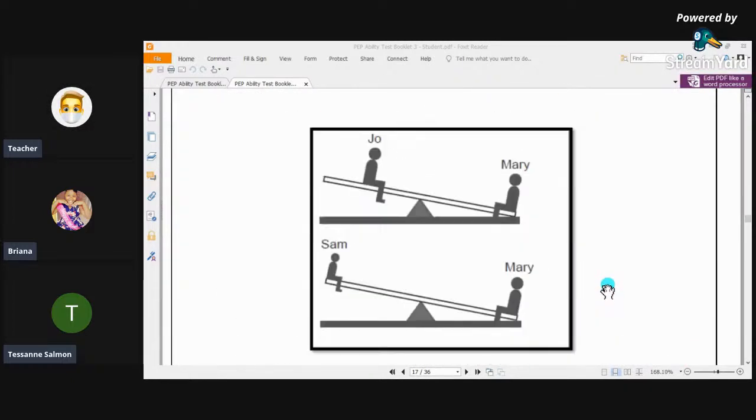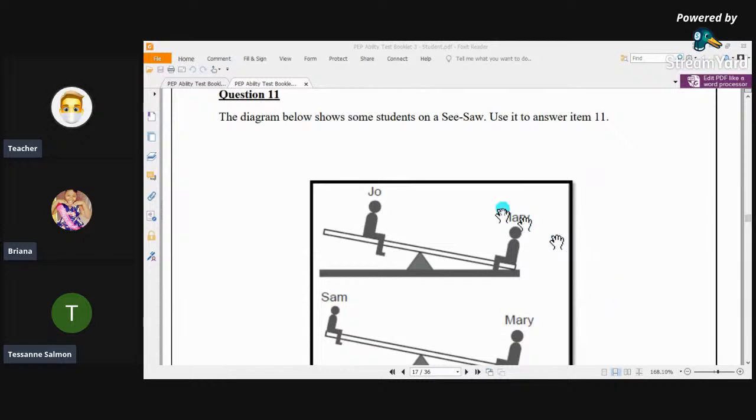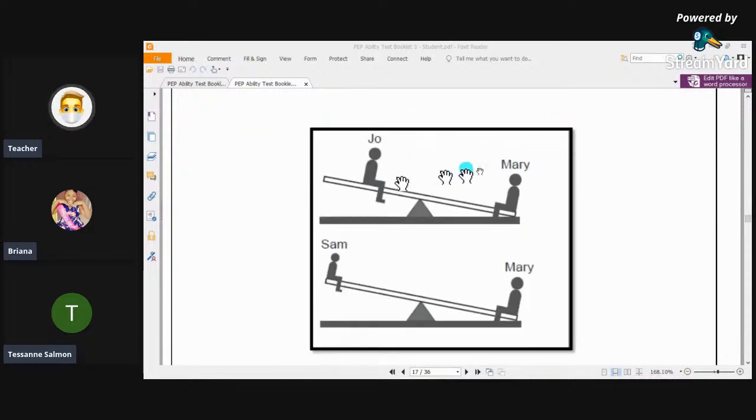Let's look. So tell me about this diagram. Read for me. The diagram below shows some students on a seesaw. Use it to answer item 11. So who are these people on this seesaw? Joe, Mary, Sam, Mary. Is there anything similar between both of them?